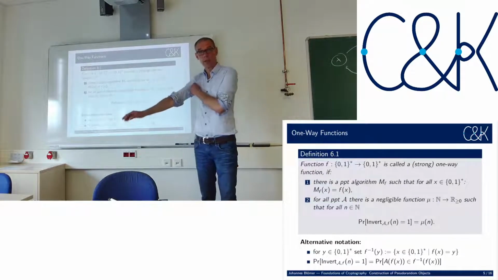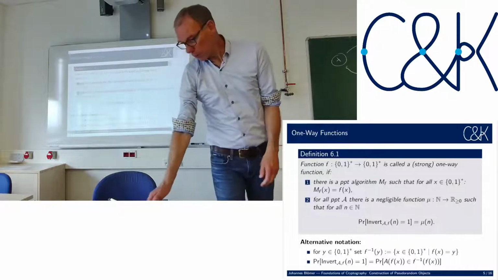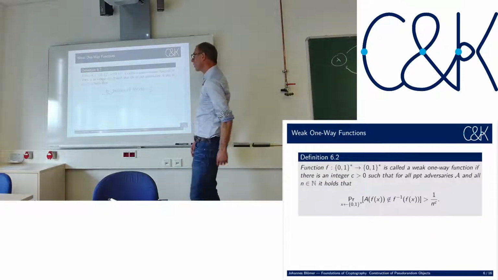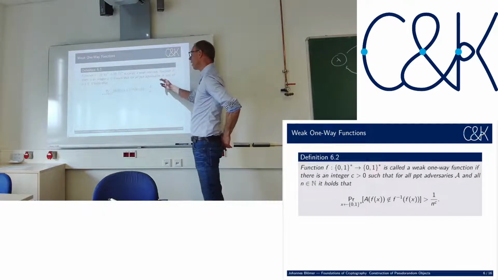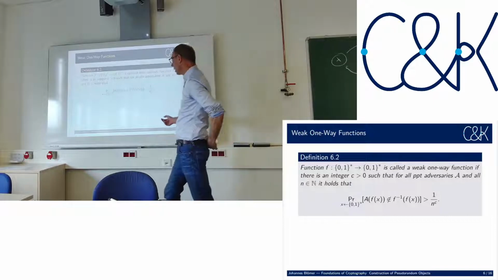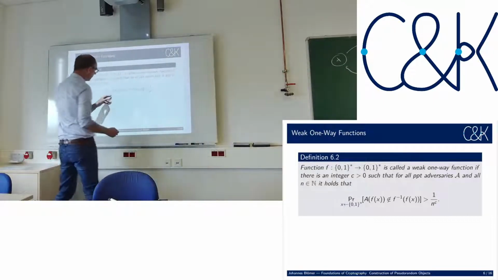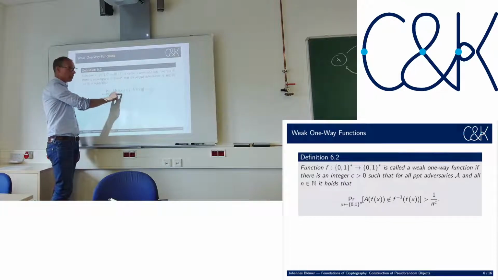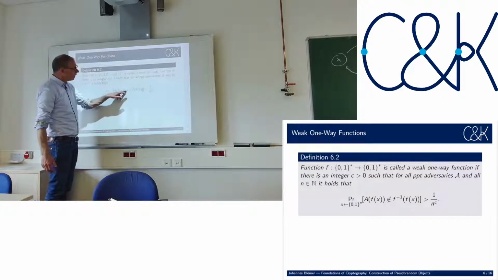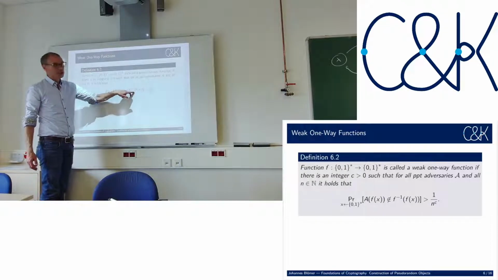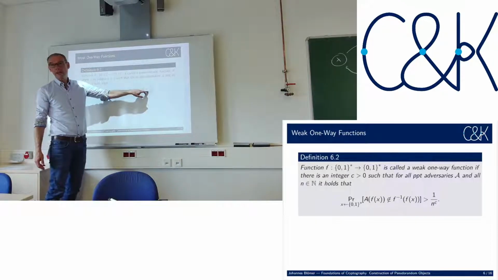This is always what we need. Then we call a function a weak one-way function if there is an integer c larger than 0, such that for all probabilistic polynomial time adversaries and all n, it holds that if we again pick x uniformly at random, A gets as input f of x, the probability that its output is not in the pre-image set is at least 1 over n to the c.